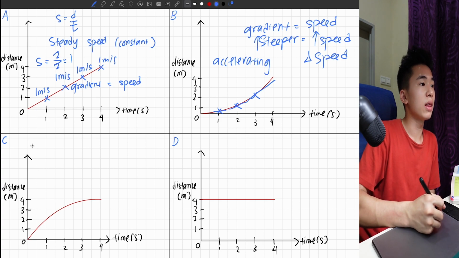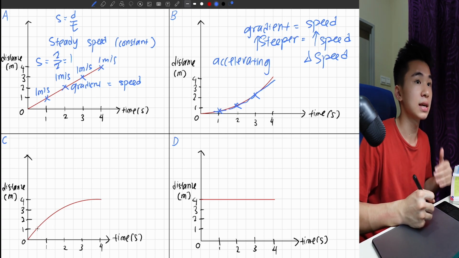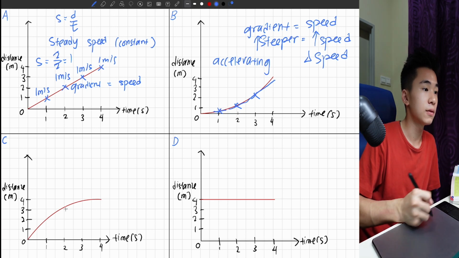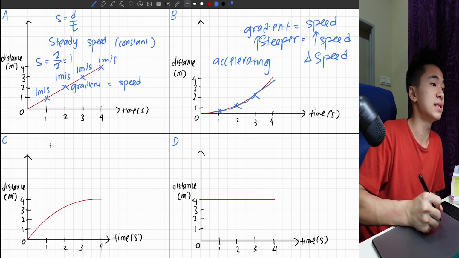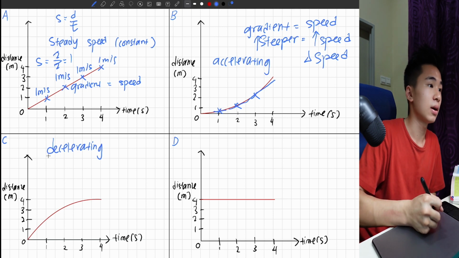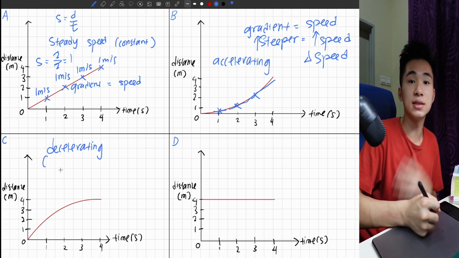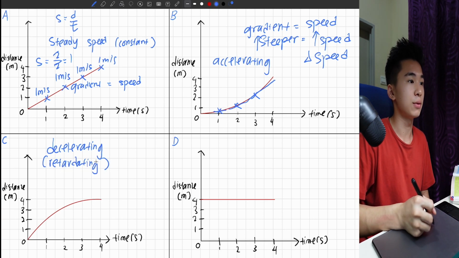So for the next one, this graph C, we have a curved line, but it is curved inwards, right? Curved to our right. If you talk about a car, the car is decelerating, which is deceleration, and at the same time retardation, which means deceleration.